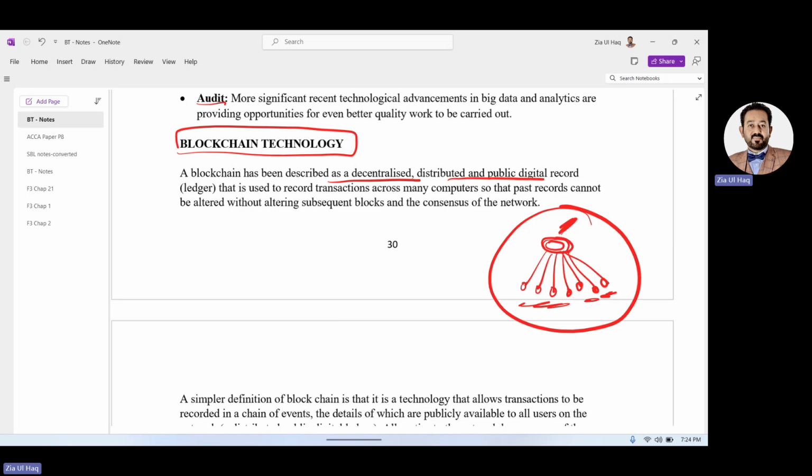It is a distributed and public digital ledger that is used to record transactions across many computers, so that past records cannot be altered without altering subsequent blocks and the consensus of the network. So if a hacker hacks one computer, he can alter the file in that computer only, but cannot alter it in other computers. From another computer, you can recover that file and correct it easily.